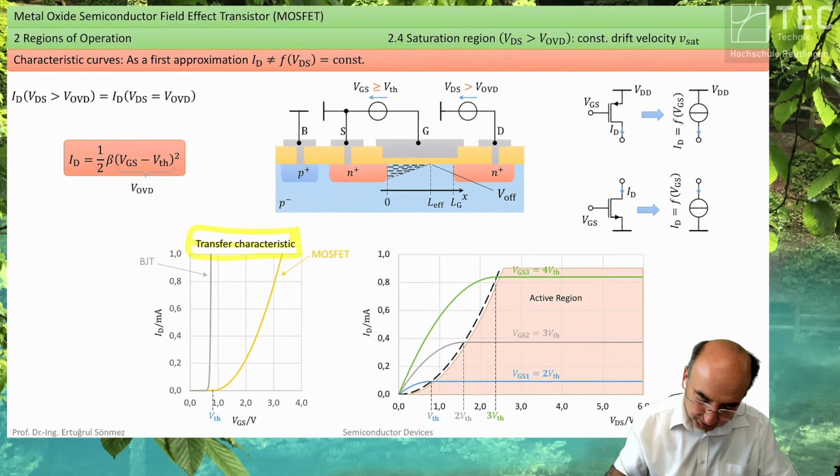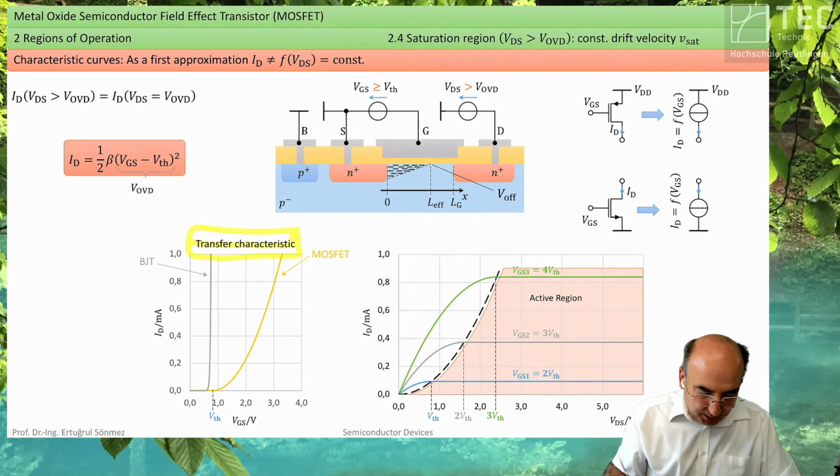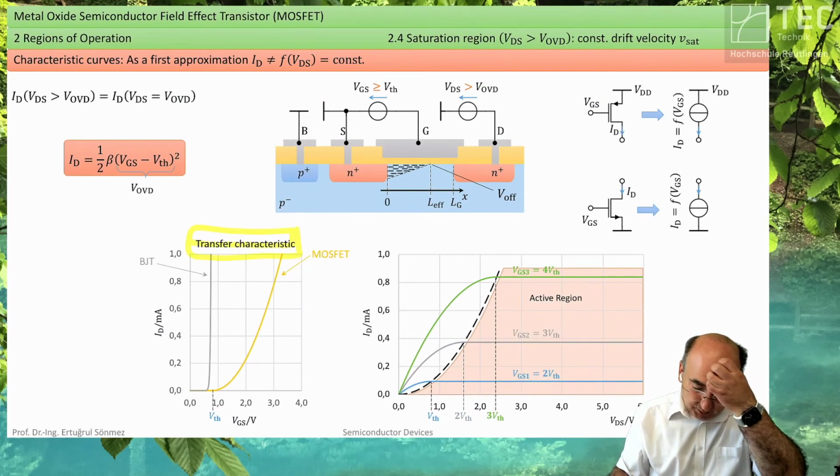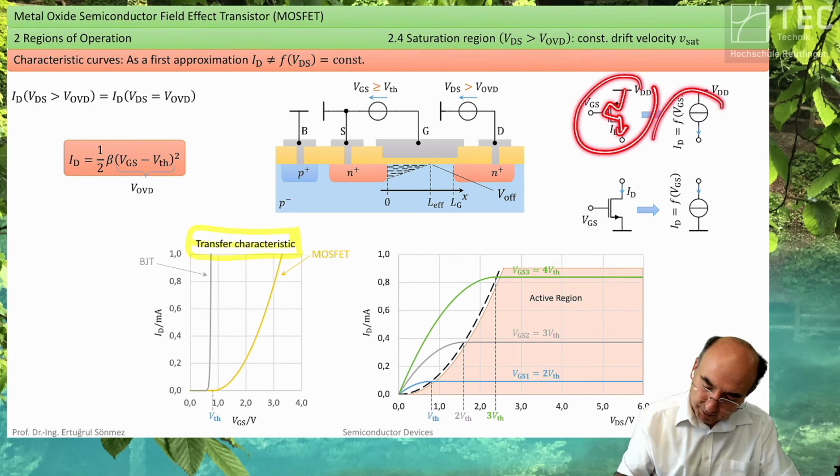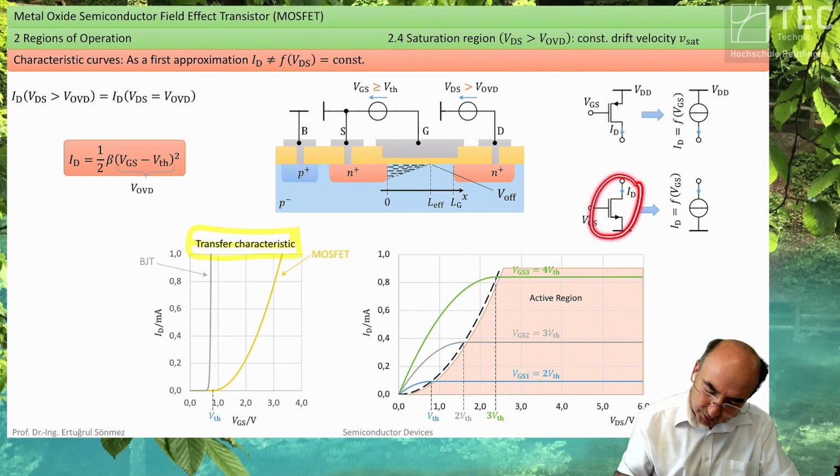That's what I wanted to tell you here. So you can use a PMOS as a source of current. You can use an NMOS as a sink of a current.